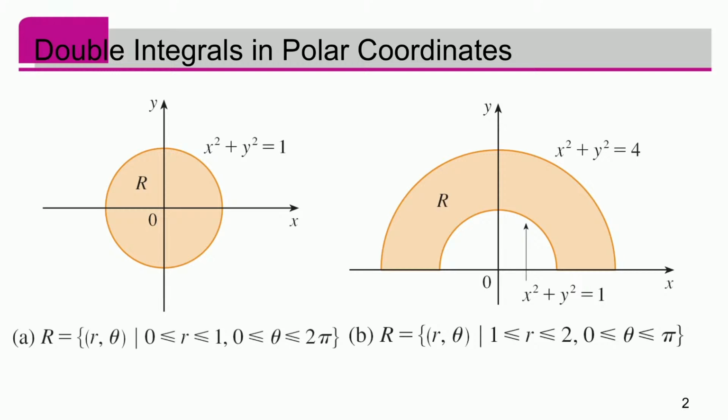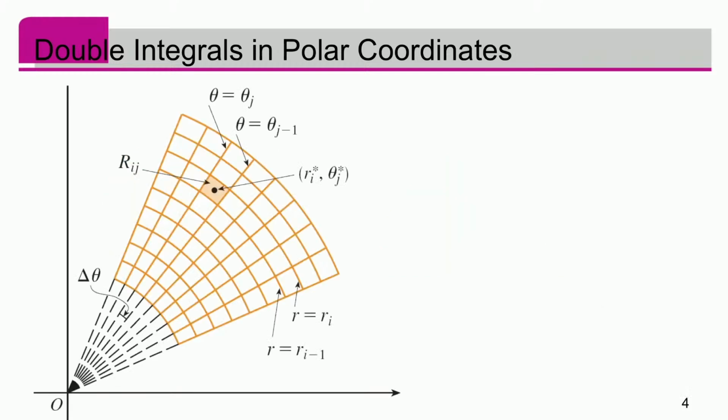Okay, so here's the deal: when you convert to polar coordinates, the price you pay is that things are no longer rectangular. You don't have squares, you have weird pi wedges. So you have things that look like this. If I were to make you do a Riemann sum, that Riemann sum would be a bunch of little weird pieces of pi wedges.